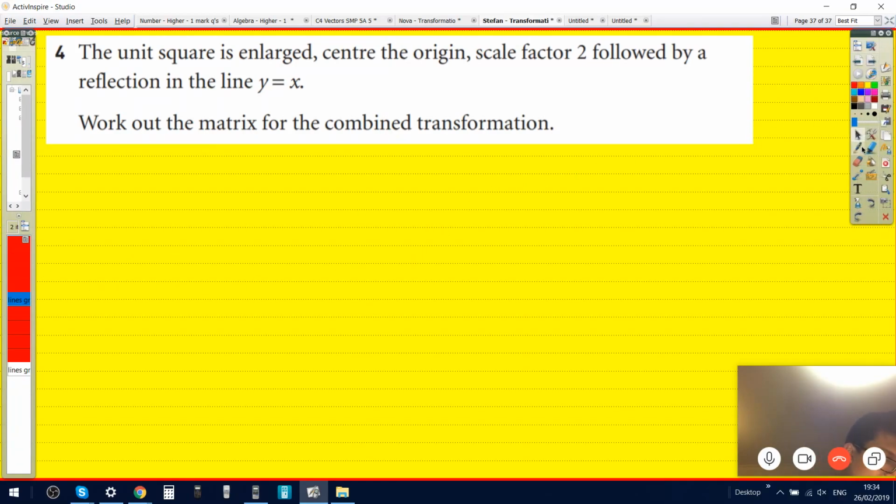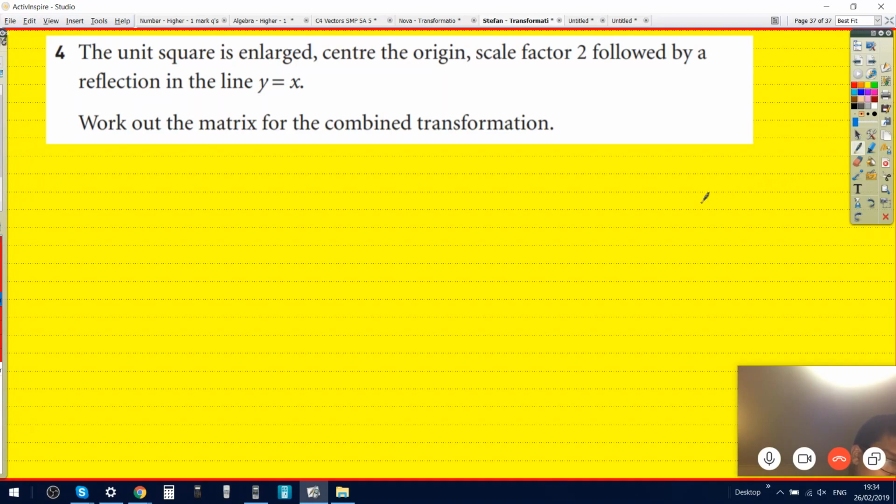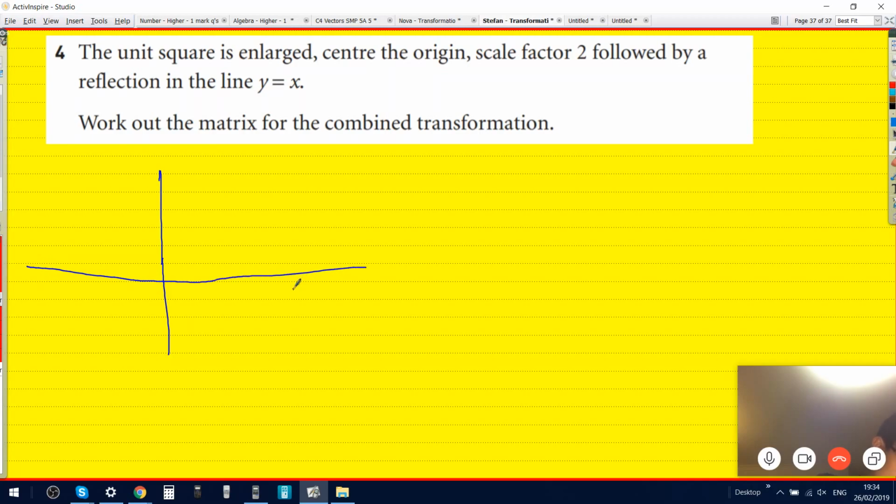So you could just put A here. B would be like that. So O to A, and then you have another of the same distance.